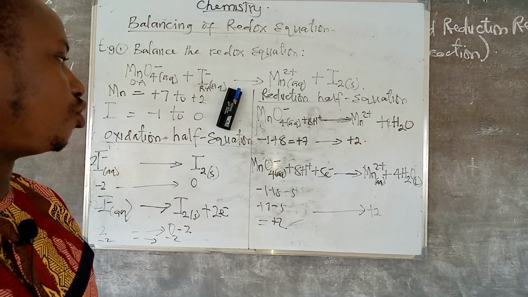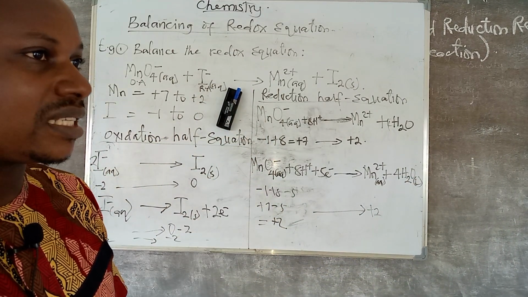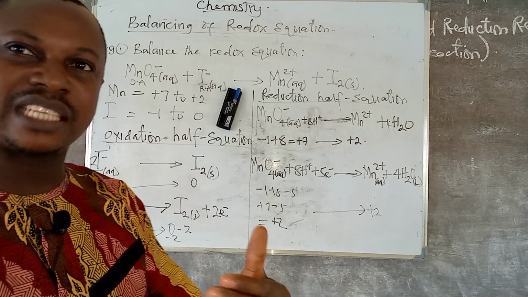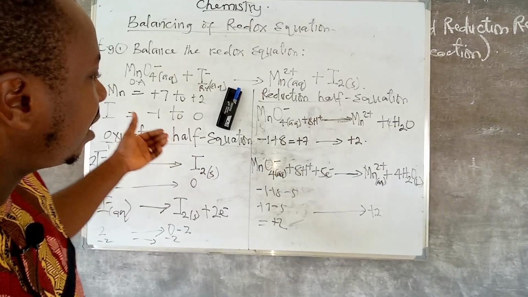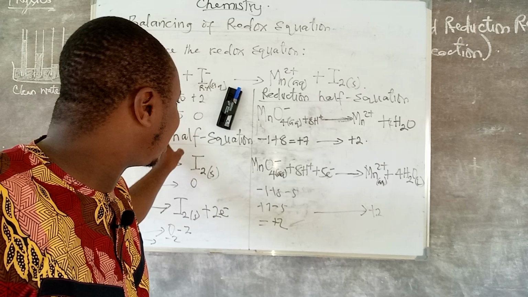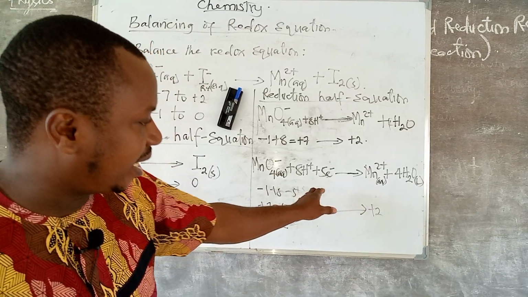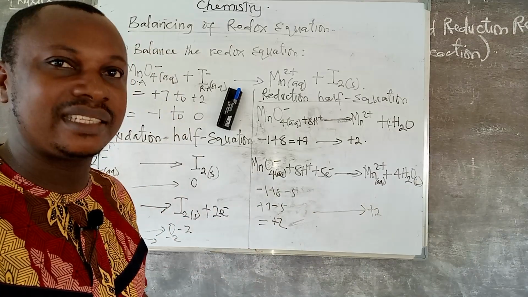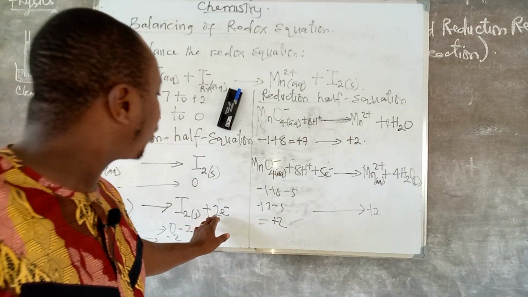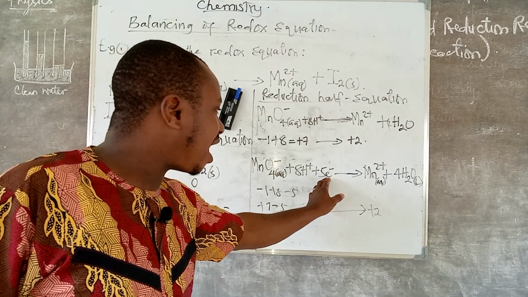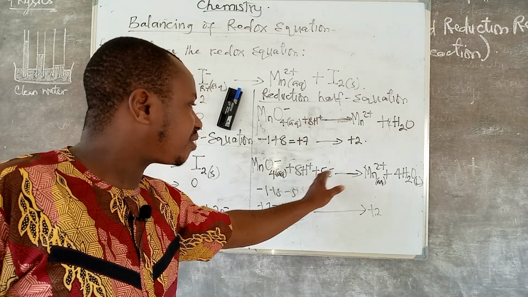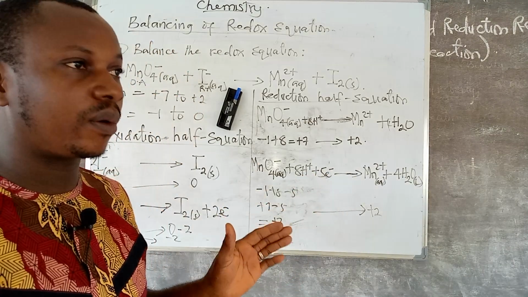The next thing to do, don't forget that the last step for balancing this equation says, let the electrons lost here, and the electrons gained here, let them balance each other, which means the 2 electrons and the 5 electrons must be equal.